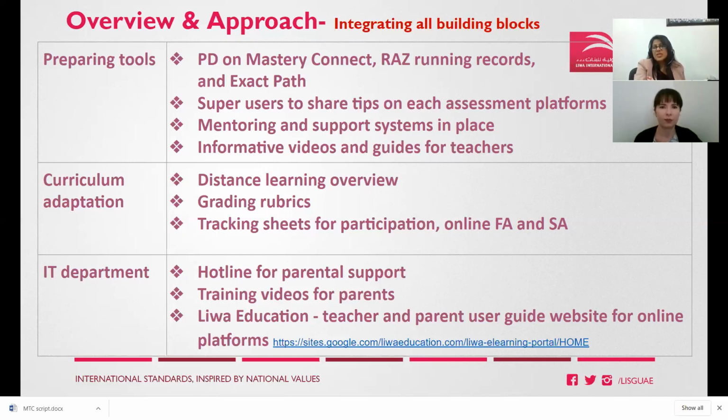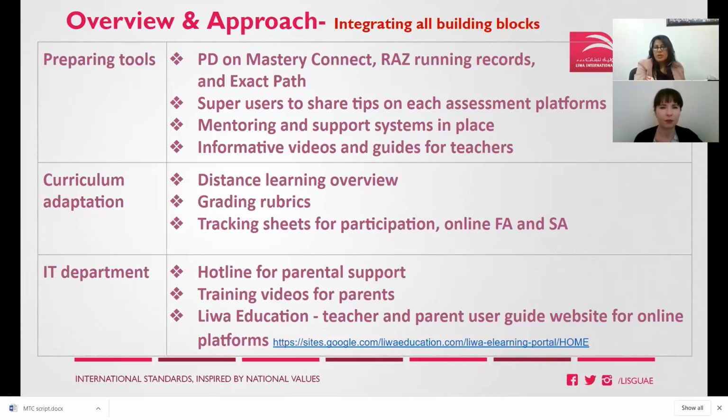There were mentoring and support systems in place because we had super users, teachers who are really good. They would share tips and create videos, which were all kept in one folder for the teachers to access at any time.